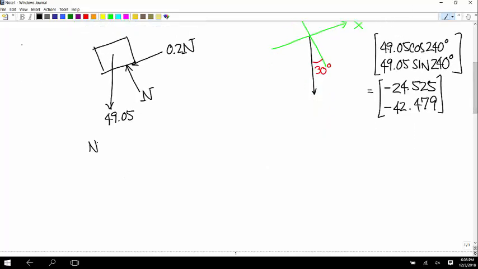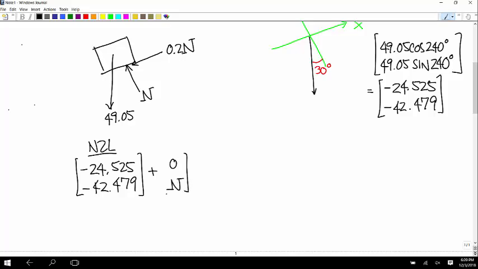So then Newton's second law, we have this vector we just calculated, negative 24.525, negative 42.479, plus 0, n. And then that friction force is in the negative x direction, so plus negative 0.2n, 0.